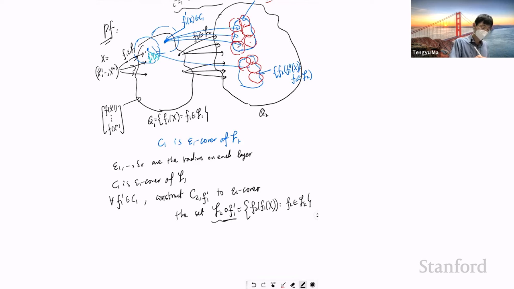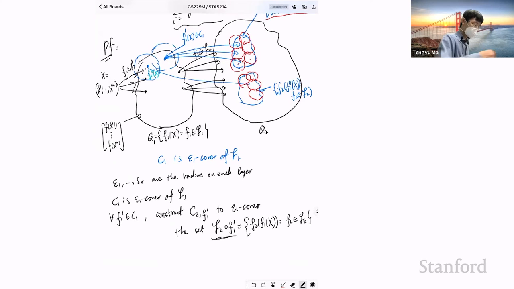This set is really literally these blue things I drew here, like this blue set, and I choose a cover, and I denote that cover to be C2 comma F1 prime, because this cover depends on F1 prime. And then I'm going to take the union. So I'm going to let C2 be the union of all of these C2 F1 prime, where F1 prime is in C1.